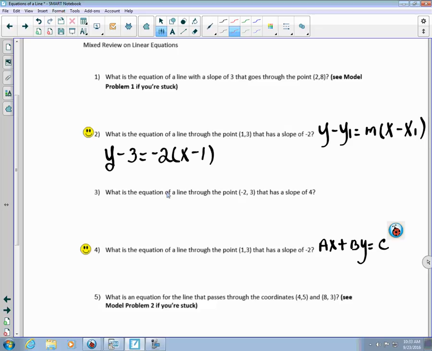We're working on question 4, but we're going from this one because it's the same numbers. You see how it's the same numbers? But we're going to change that to standard form.